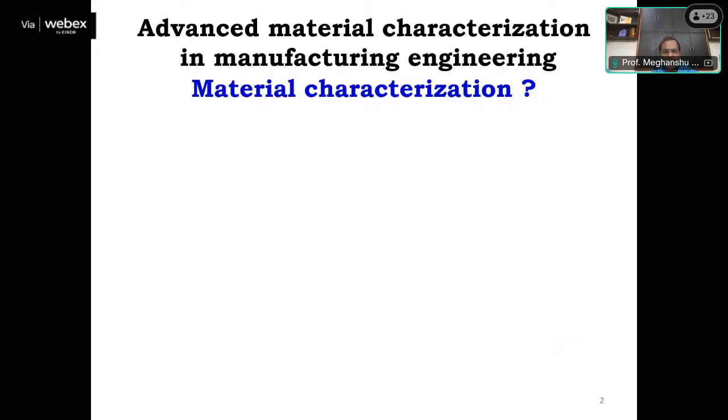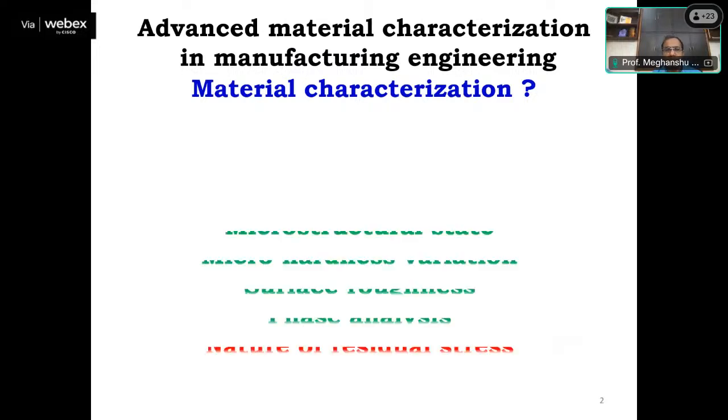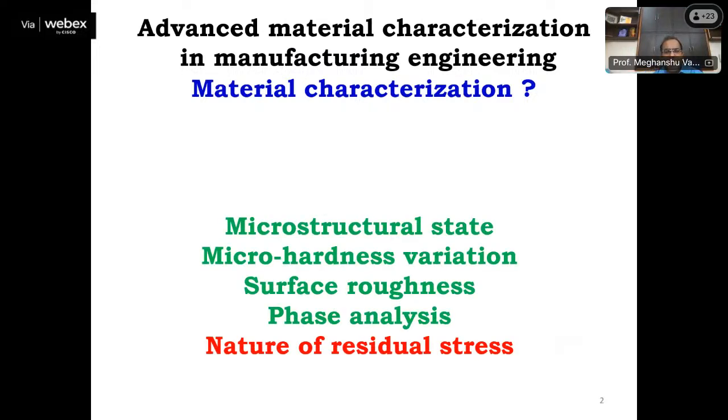So first, what is the meaning of material characterization? Material can be characterized by its microstructural state, micro hardness variation, its surface roughness value, what are the phases present in material, as well as, very important, the nature of residual stress.